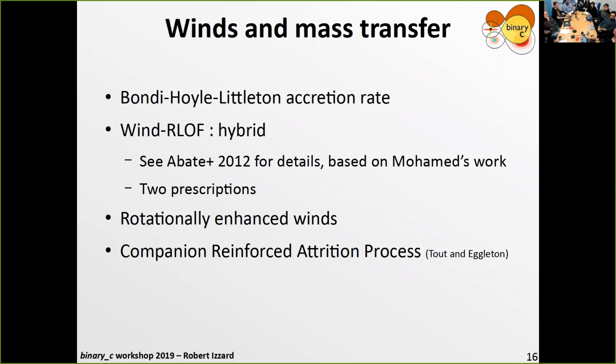We also have the companion reinforced attrition process, which has the best acronym ever. They've recently renamed it to the tidally reinforced attrition process, but I like companion. That's how it always was. Peter Eggleton said it took him 2 weeks to go from crap to this, so it's a good acronym. What this does is that when you spin up a companion red giant in a binary, you increase the mass loss rate because of the spin up.